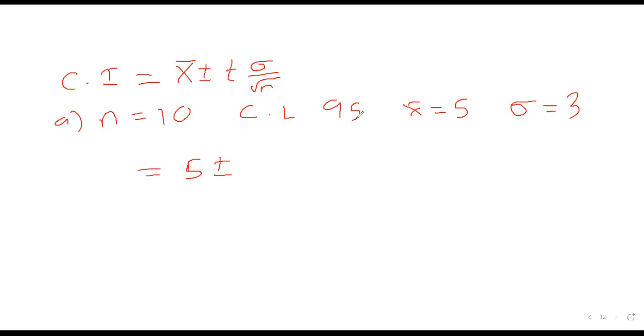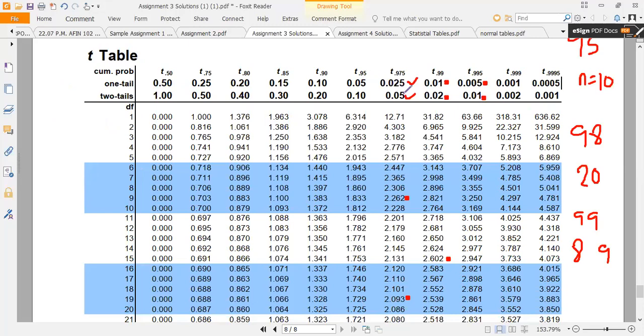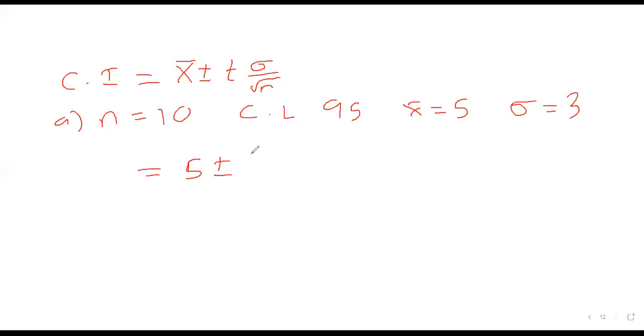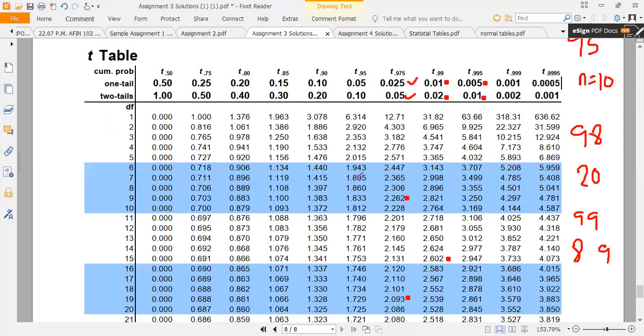Half of it is 0.025, and n minus 1 is 9. So when you go here, 0.025 at 9, 2.262. That is our t reading.